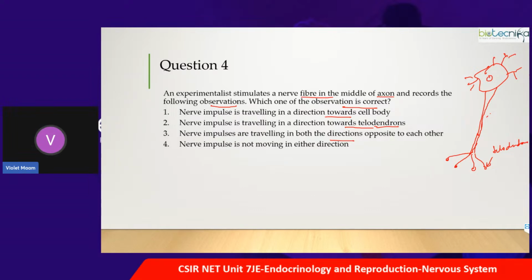When we were discussing the movement of action potentials, I had mentioned this part, how the nerve impulse will travel and in which direction. Yes, correct. Priyanka, correct. Very good. Okay, so let's see the answer for this particular question.